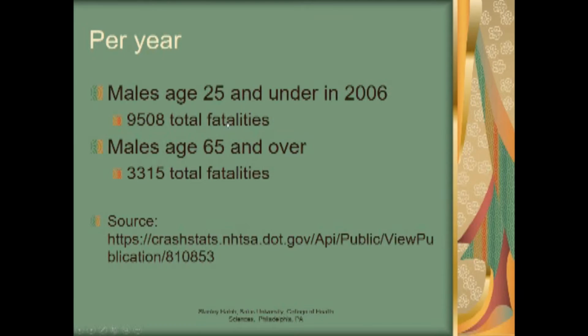This is simply total fatalities for males age 25 and under who are driving. Compared to males age 65 and over, only 3,315 total fatalities. So, almost a 3 times higher total per year number of fatalities for under age 25 compared to 65 and over.